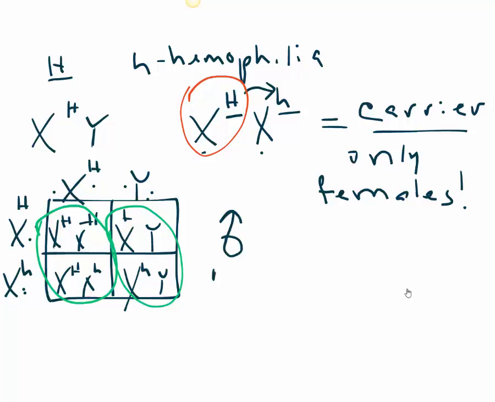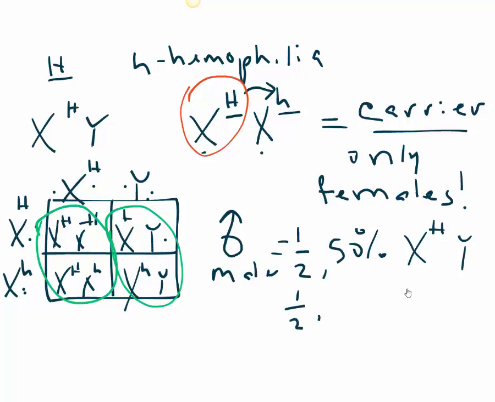Of the 2 males total, 1 out of 2, or 50%, are going to have the normal allele, so no disease, but we're just looking at genotypes right now. The other 1 out of 2, or 50%, are going to have the hemophilia allele, and no other counterpart to override that.